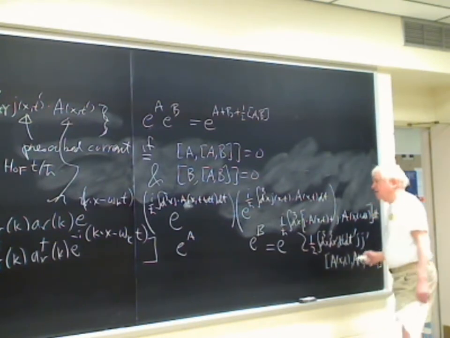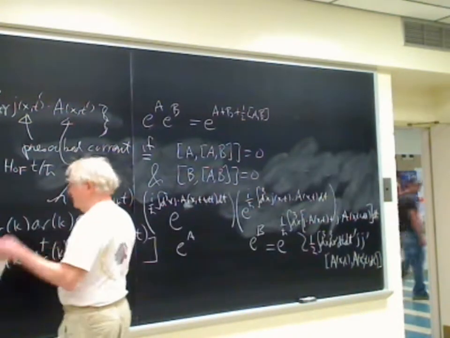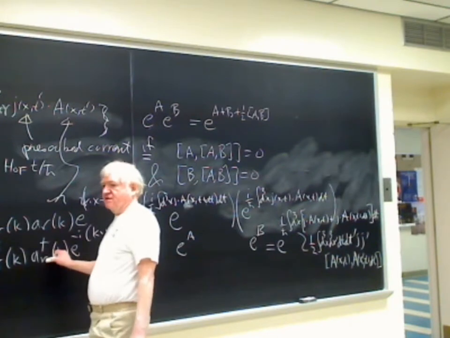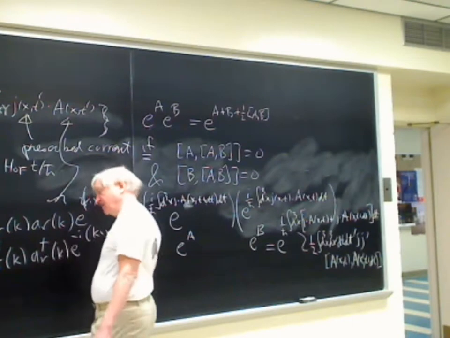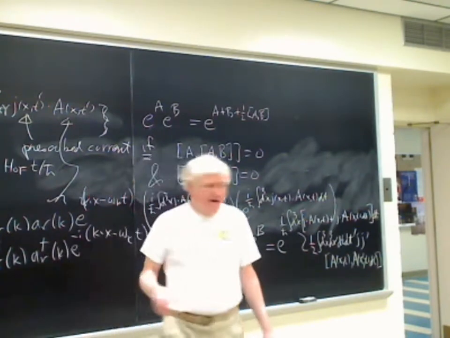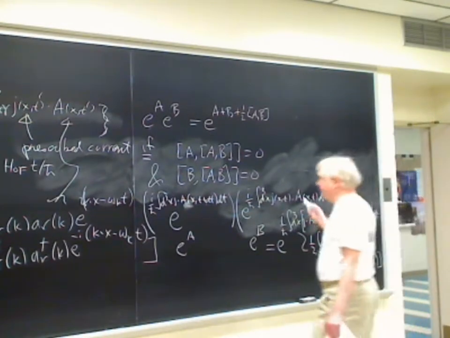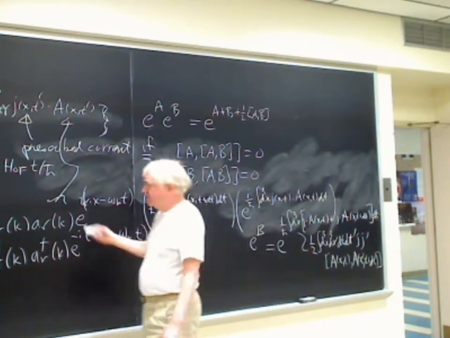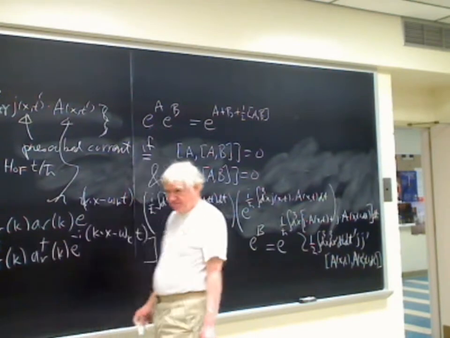But the commutator of A of t with A of t prime just involves commutators of a linear combination of a and a dagger with another linear combination of a and a dagger. And there you either get 0 or you get a constant. In any event, you get a commutator that commutes with A and B, being just the electromagnetic field times j, effectively.